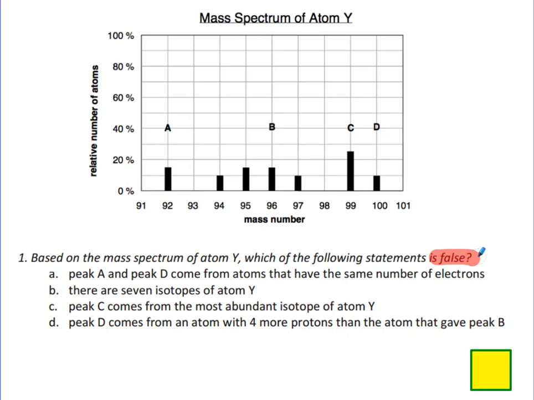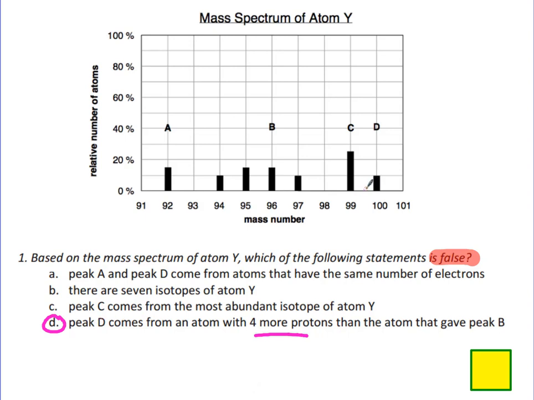On this problem, we're looking to see which statement is false. So the answer is D, because it's talking about protons. All of these peaks are coming from the same element, which means they all have to have the same number of protons.